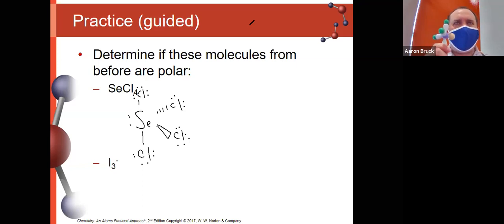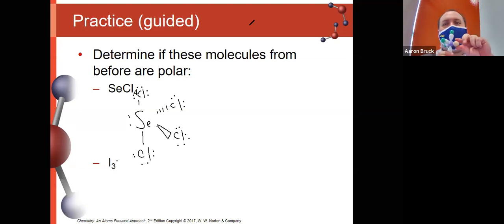Is this a polar molecule? Well, we got to put it up to the eye test. Do we have uniformity in our bonds? Yes. All 4 of the bonds are between selenium and chlorine. Is the molecule perfectly symmetrical?